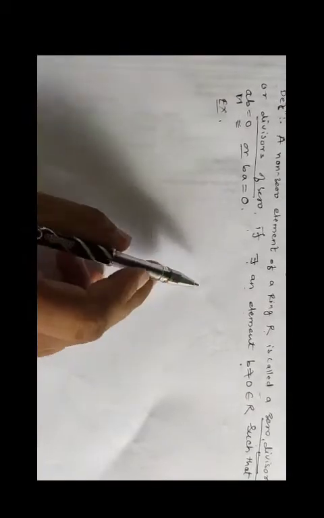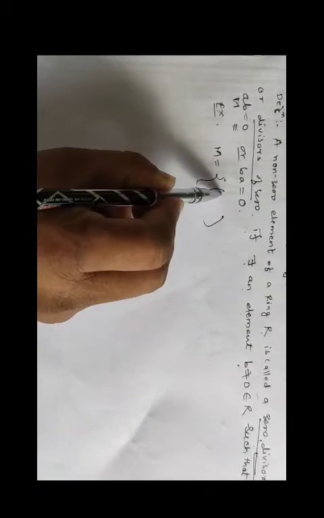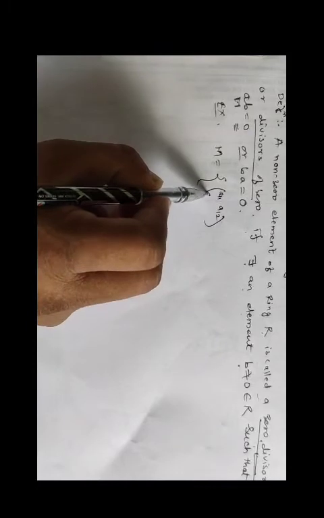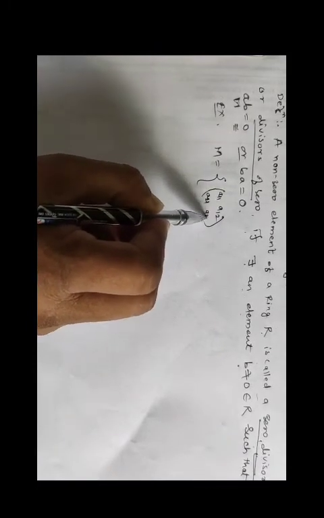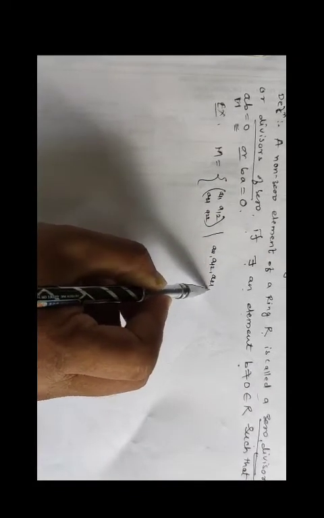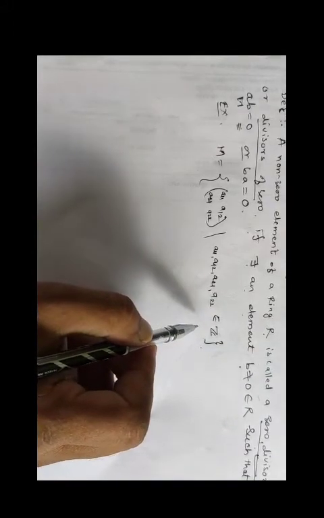Suppose M is the ring of all 2 by 2 matrices with entries A11, A12, A21, A22, where all these elements belong to the set of integers, and taking the usual addition and multiplication of matrices, this is a ring.